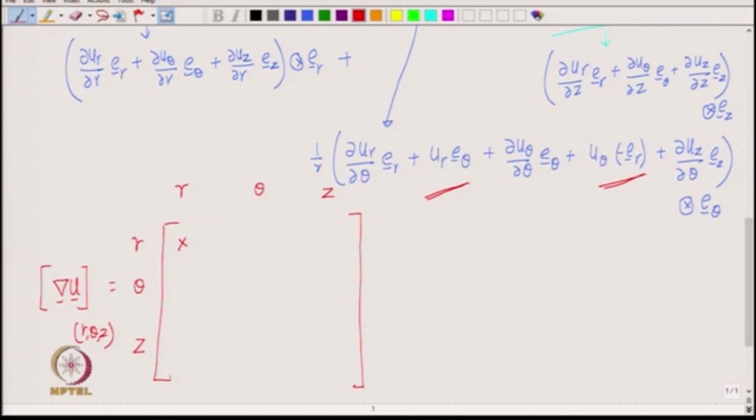So, where is E r tensor product E r? So, we have the full gradient written here in the blue. So, E r tensor product E r, that is this term right here. You see it, del u r over del r of E r tensor product E r, and that is the only term. So, in the cross here we are going to write del u r over del r.